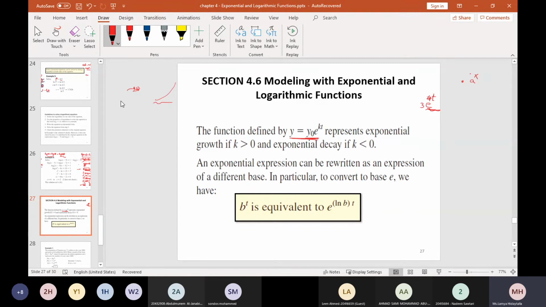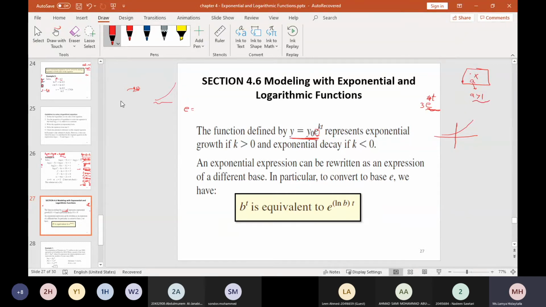The first thing is that this base is greater than 1. When we talk about an exponential function in this form, if a is greater than 1, then the function is exponentially increasing. It is not decreasing, because a is greater than 1.